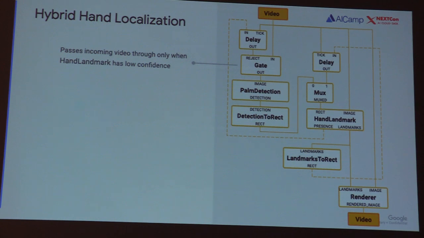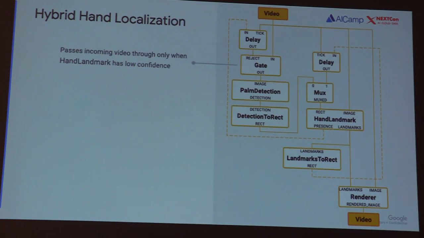So on the first frame, we initially do palm detection, and then we use that to limit the landmark detection. Then on successive frames, we use the previous landmarks to derive a region of interest that is a hint about the region of the hand for the next frame.